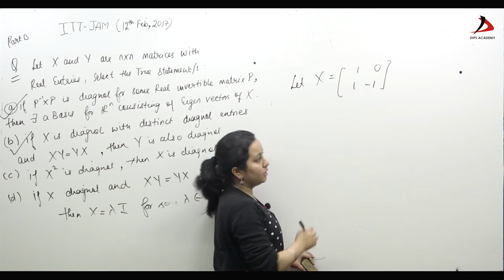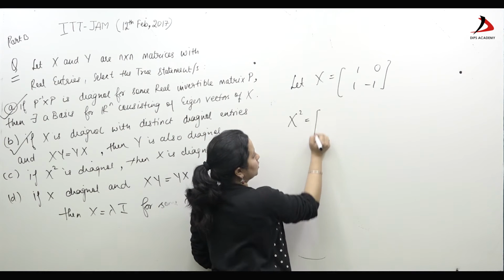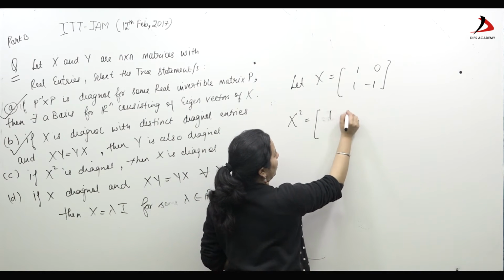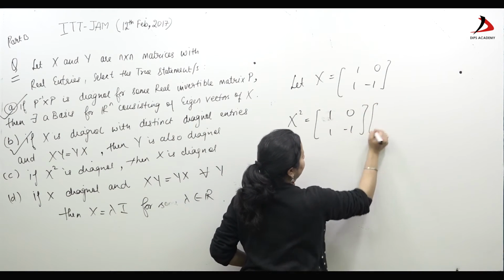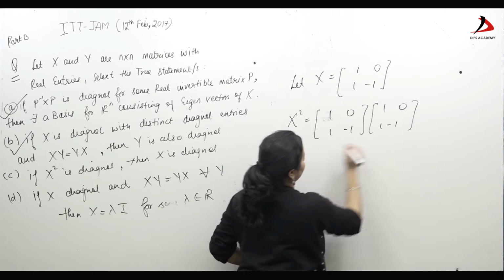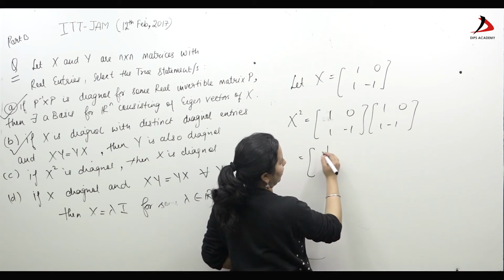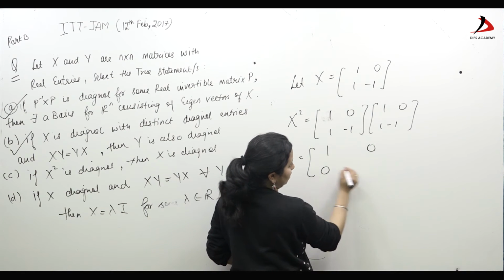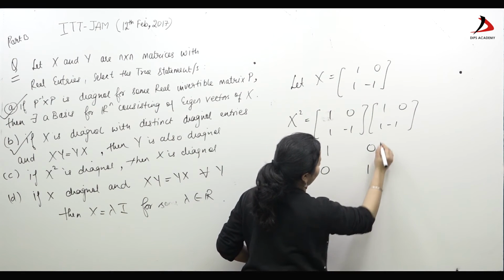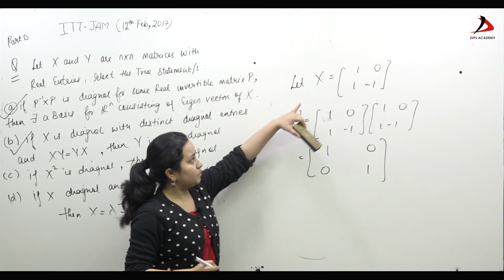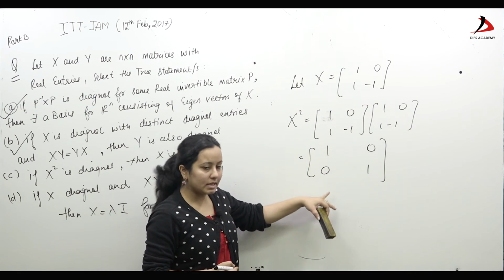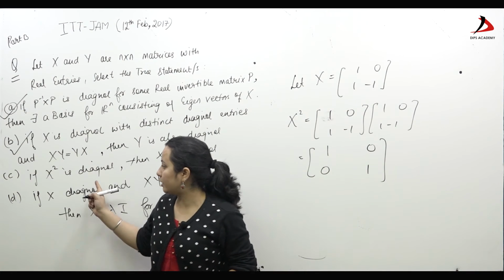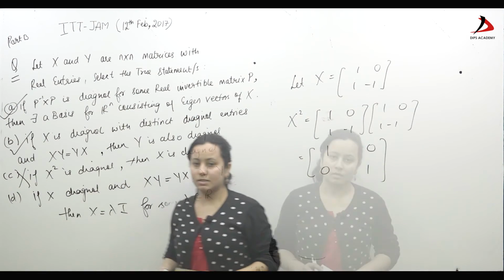X is a non-diagonal matrix and X square will be 1, 0, 0 and 1. X being non-diagonal but X square is a diagonal matrix, hence statement C is false.